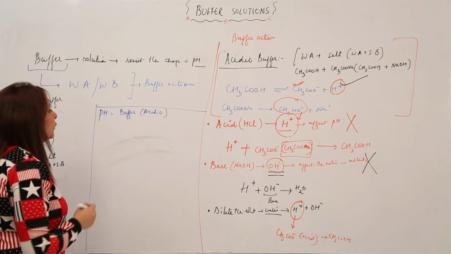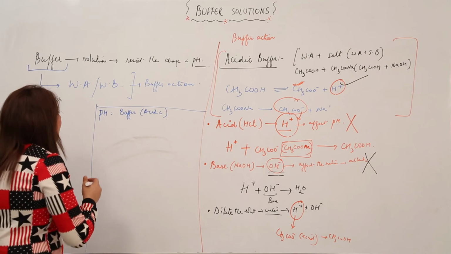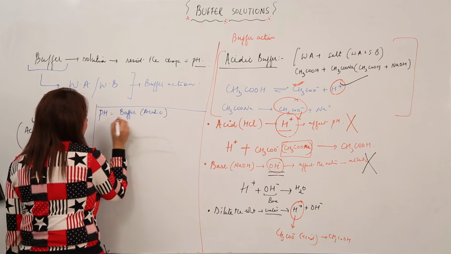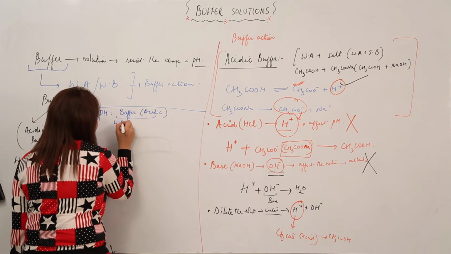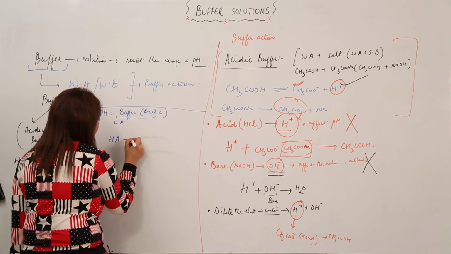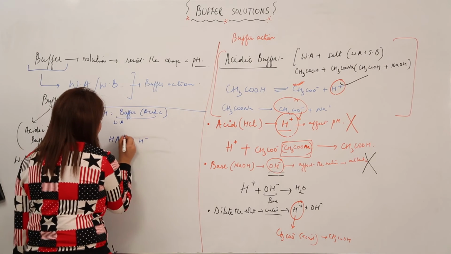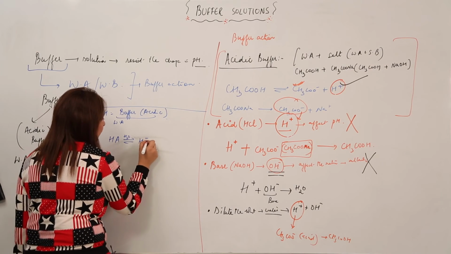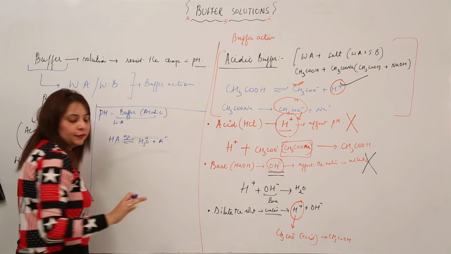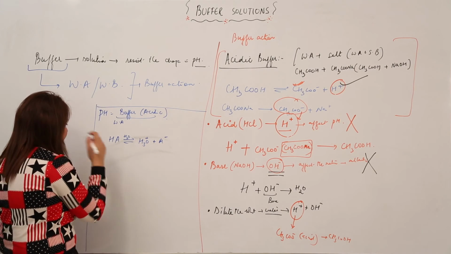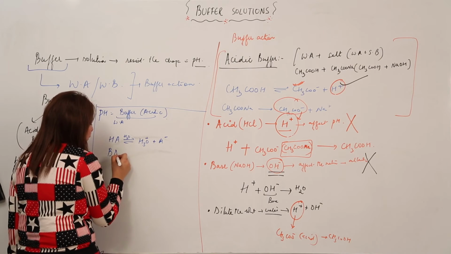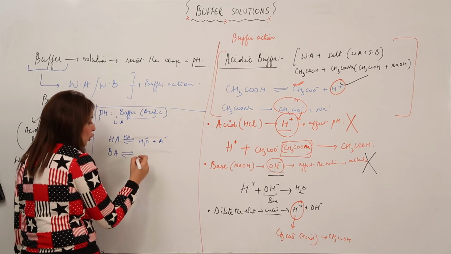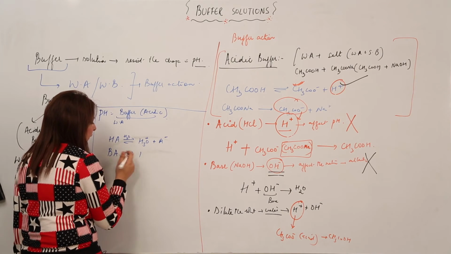Right. So what we are going to do next is, as we know, this acidic buffer contains the weak acid. Suppose I am taking HA, we add water, they form hydronium ion plus they form A negative. You know that, right? And similarly, we have a salt also, of a weak acid and a strong base. It will completely dissociate.